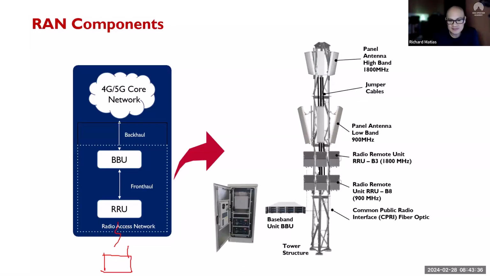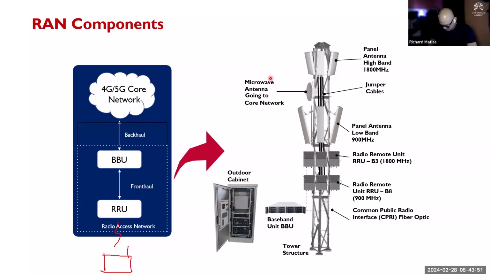Those are the typical parts of the radio access network. Then this is the transmission part, or the backhaul connection. In this example, we used a microwave antenna. These are the components of the radio access network.